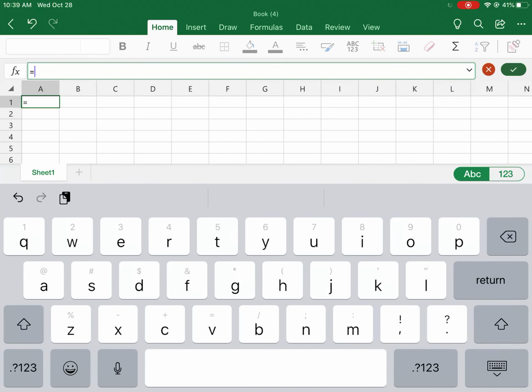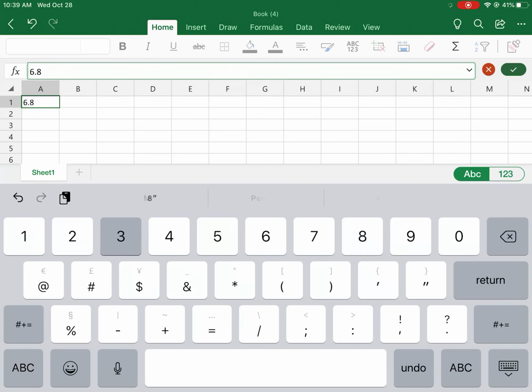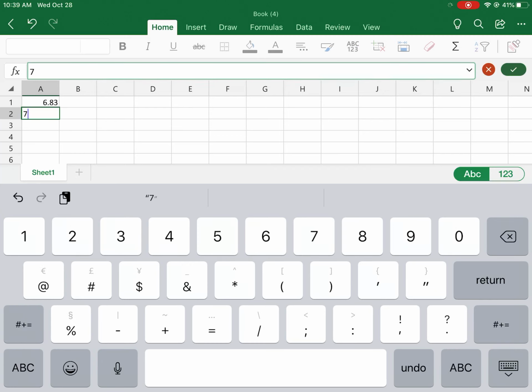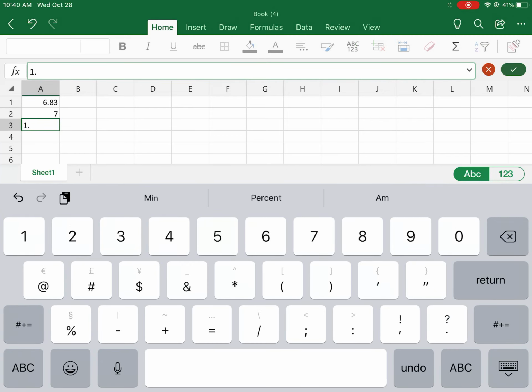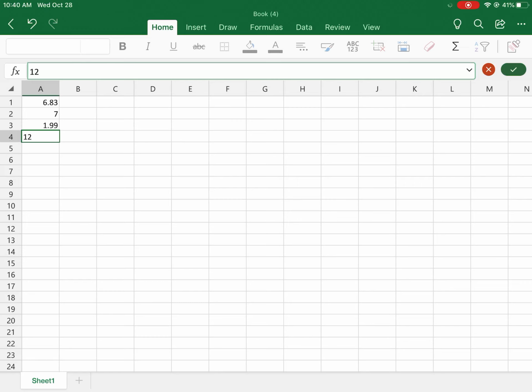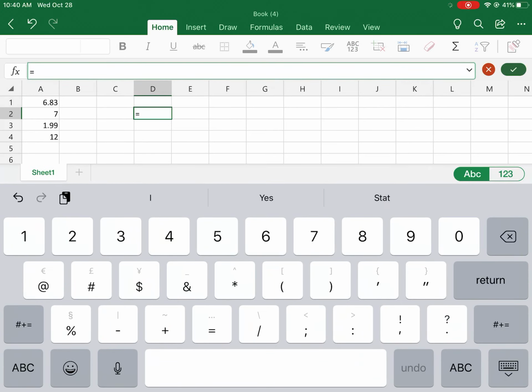But if I was going to plug this in, let's just make sure we know how to do it. If I had those numbers in there, I would use those. Well, let's just, actually, I'm going to put them in. So let's just say, and just abbreviate, so I have 6.83, I have 7, I have 1.99, and I have 12. So let's just say I have this information in here. So just to practice that self-referencing.